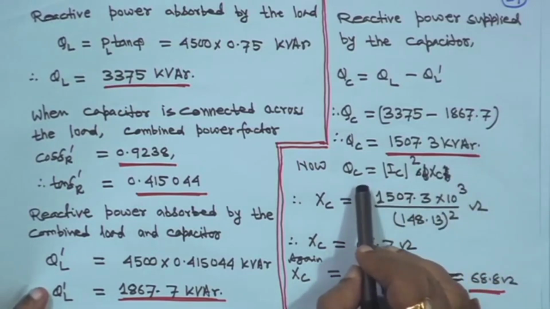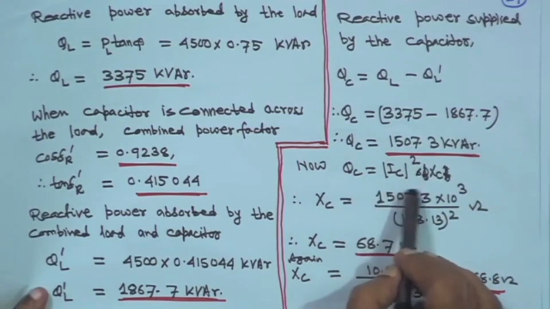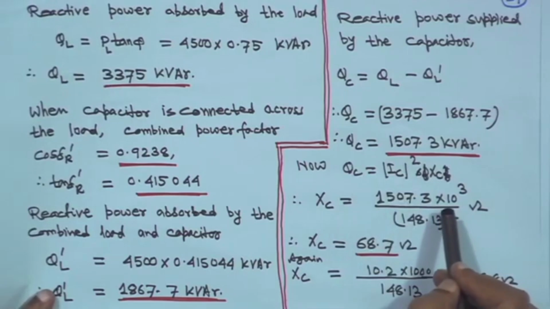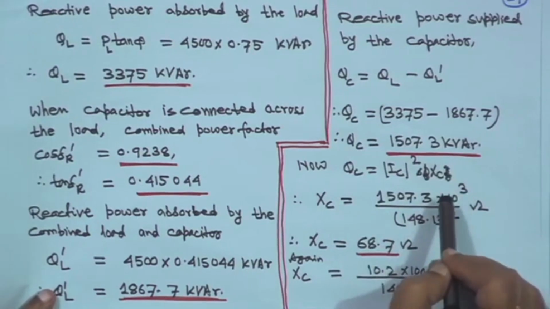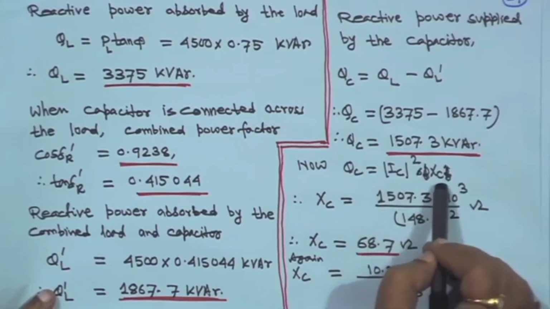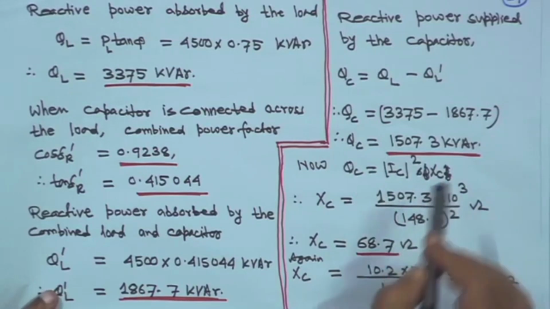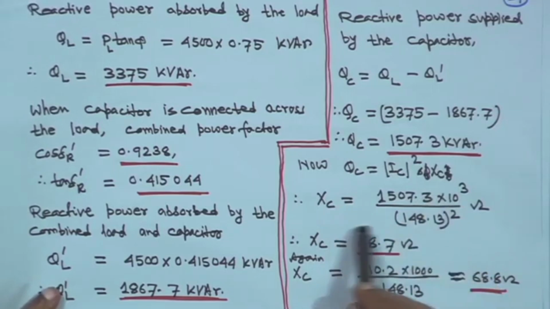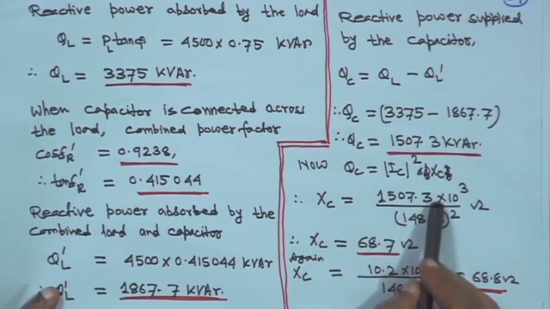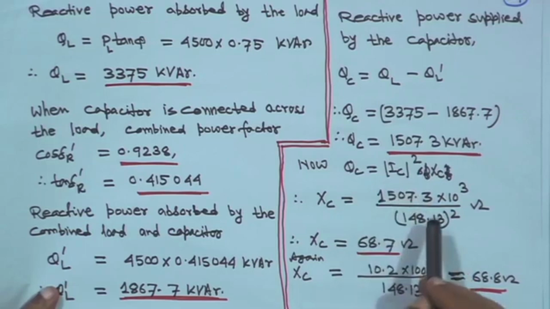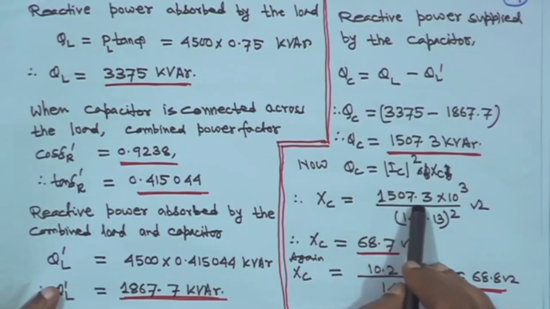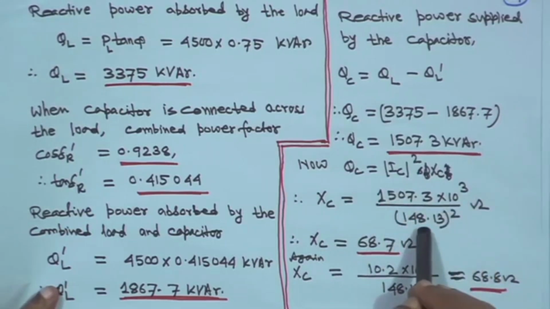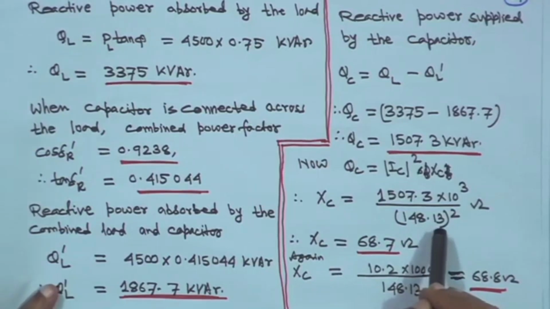Now, QC is equal to IC square into XC. Now, we have to verify the result, whether we are correct or not. With QC is equal to IC square XC, because the current going through this capacitor is IC and XC is the reactance, therefore XC is equal to QC upon IC square. It is kilovar, so 1507.3 times 10 to the power 3, and 148.13 is that current.